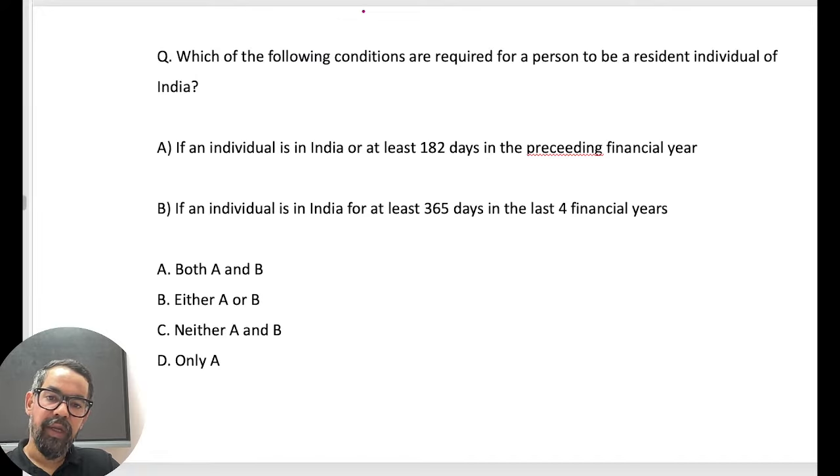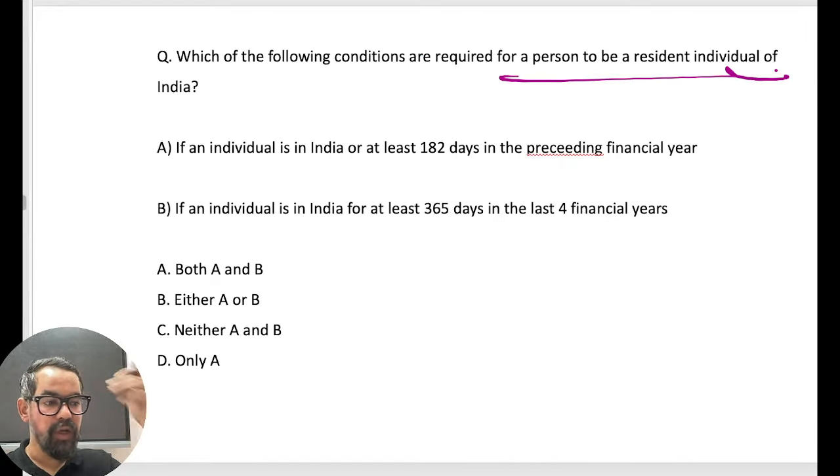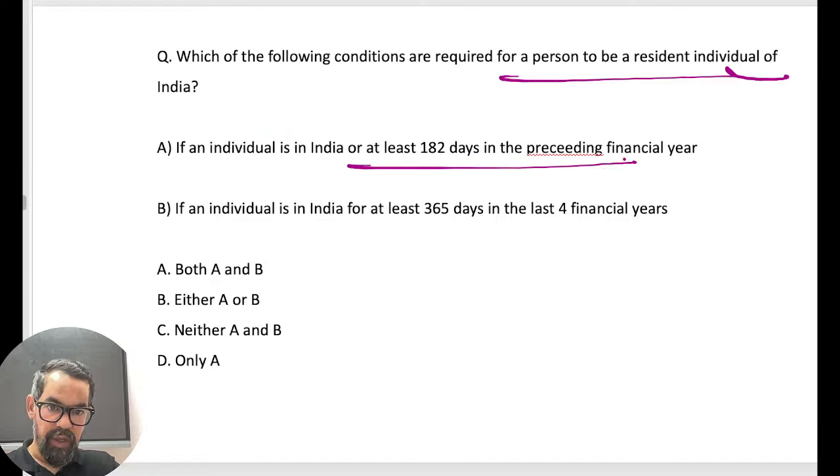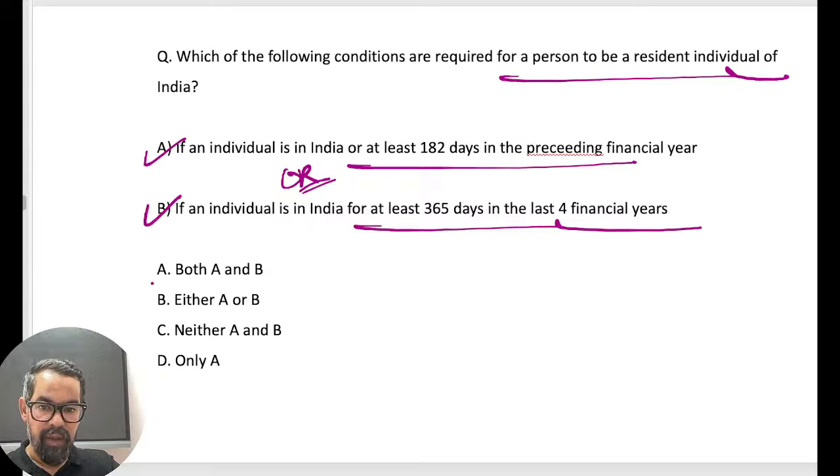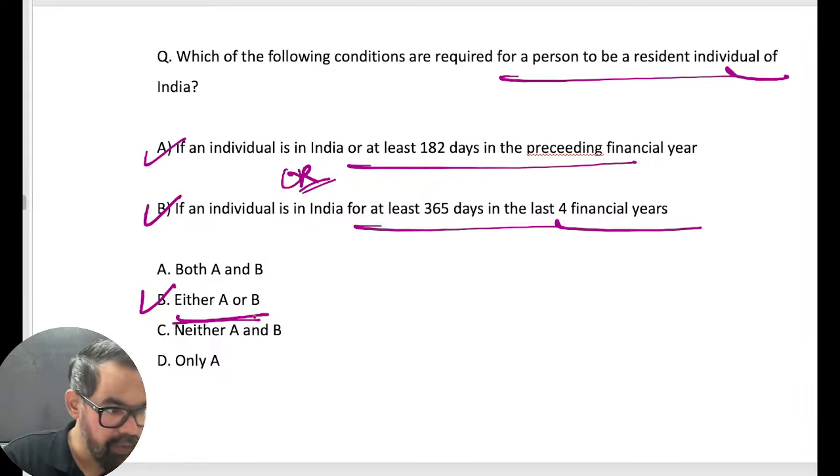Which of the following conditions are required for a person to be classified as a resident of India? Resident of India. At least 182 days in the preceding financial year. Or if the individual has been at least 365 days in the last 4 financial years, ठीक है, तो आपका this or this, any of these two, ठीक है, तो either A or B will be the right answer for this particular one.